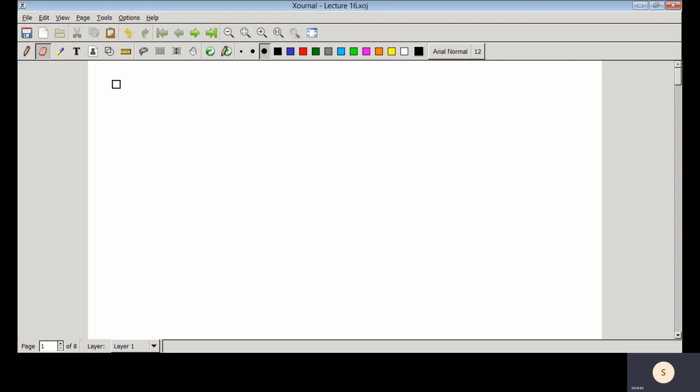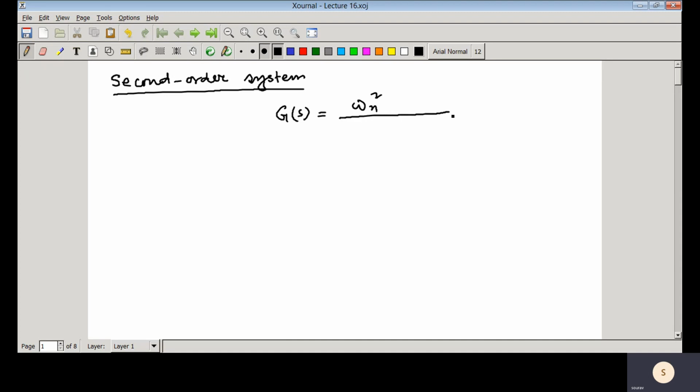So first we consider one second order transfer function in normalized form, and in last class we have discussed why it is called normalized form.